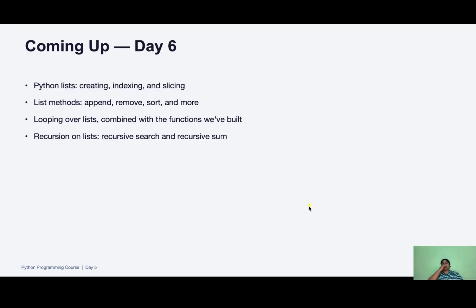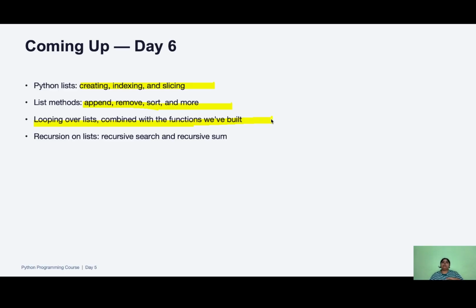Let me tell you what you're going to learn in the sixth lecture of our Python series. We'll talk about creating, indexing and slicing lists. Apart from that, we will also talk about append, remove, sort and more. I will also teach you looping over lists combined with functions, when we create our own function and then apply loops on the list.